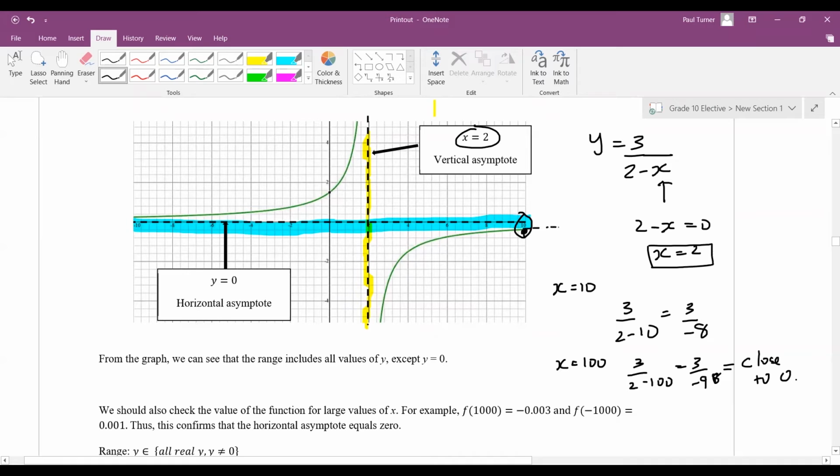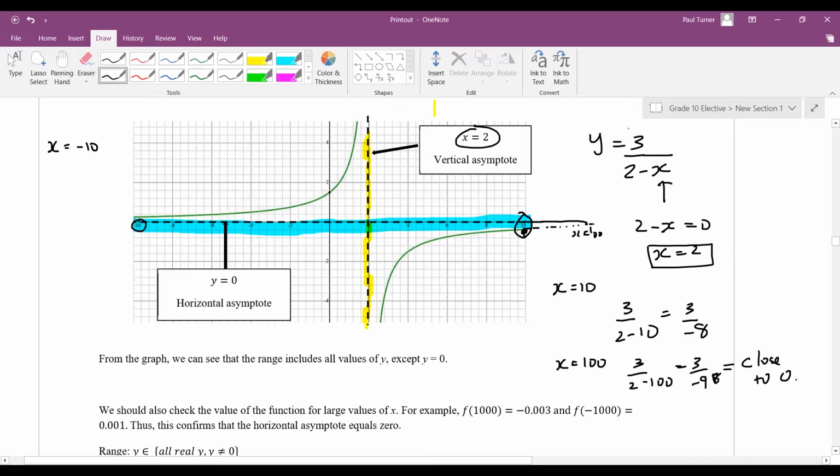It's this very small negative number. So your graph is coming up this way. Okay, so when x is 100, I got a really small negative number. So I'm still below the axis here somewhere. And I can do the same when I get close to the asymptote here. And on the other side, what if x equals minus 10?